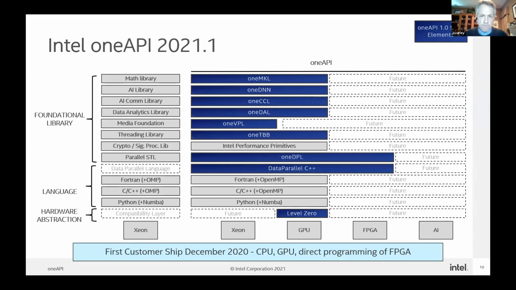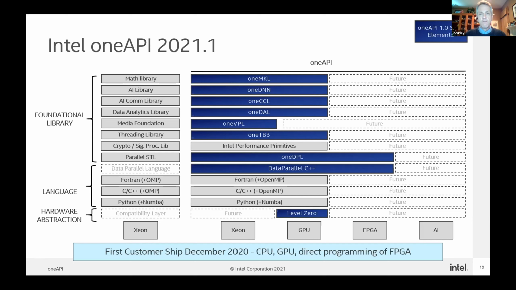Today, we have a vision of being able to cover all of Intel's XPUs with our product. We're not quite there yet. So what you have today in the specification are a number of things. Starting from the bottom, oneAPI defines a hardware abstraction layer called Level Zero, which can be implemented for diverse hardware.